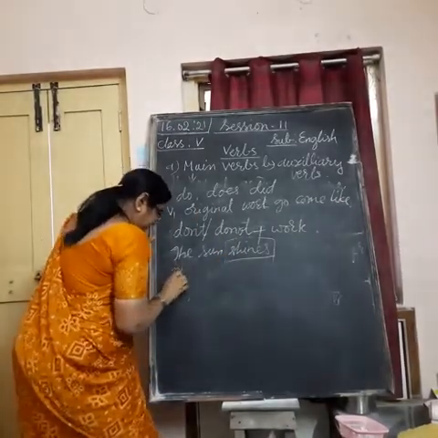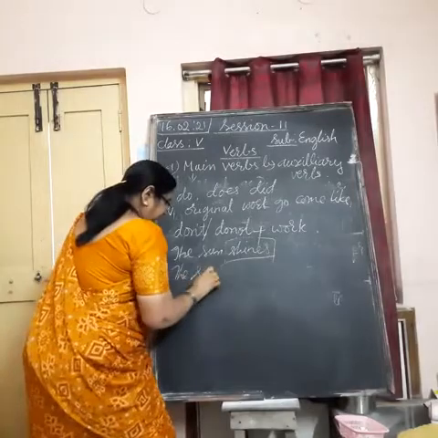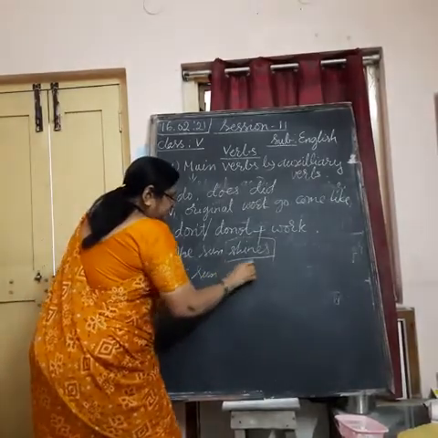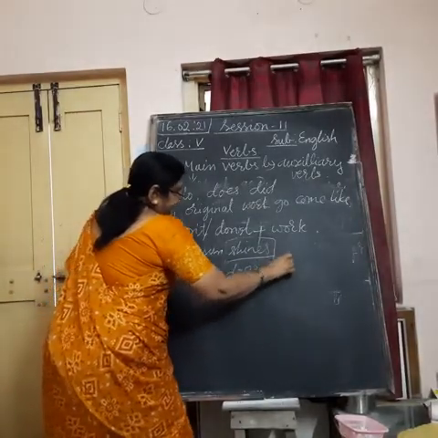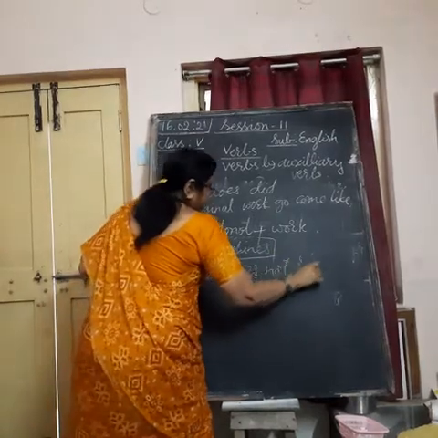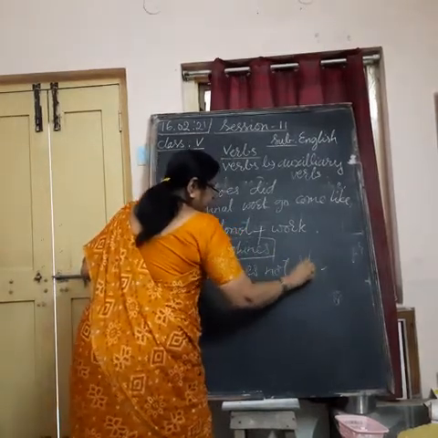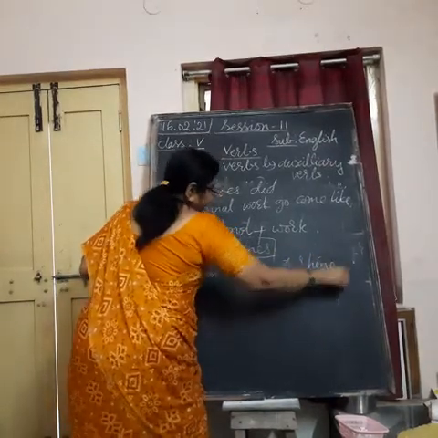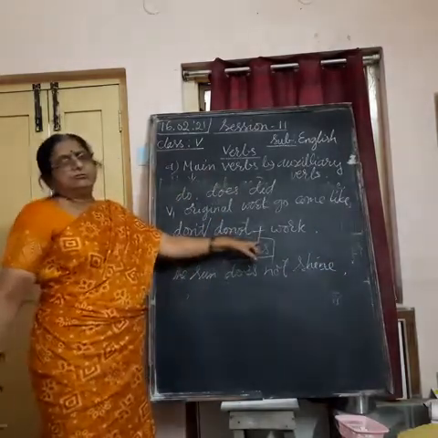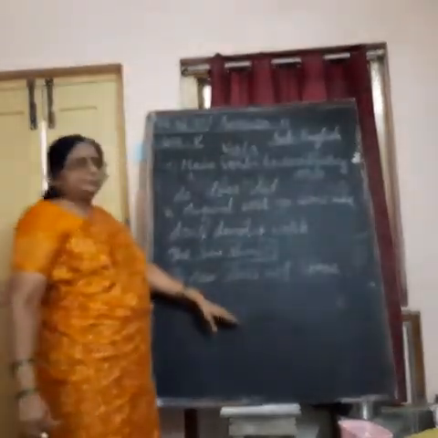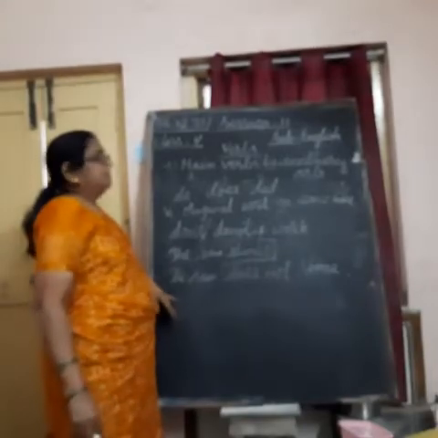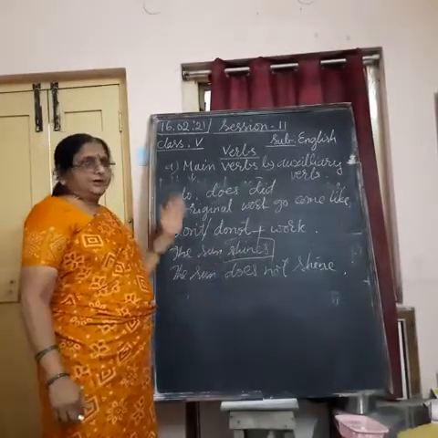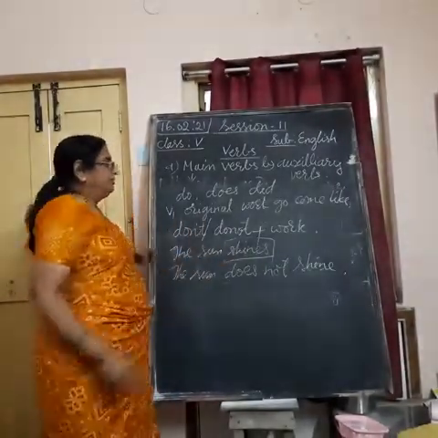The sun does not shine. You have to remove the S if there is any. You have to remove S and use does not. Understand? And in past tense case, did not plus V1 form.